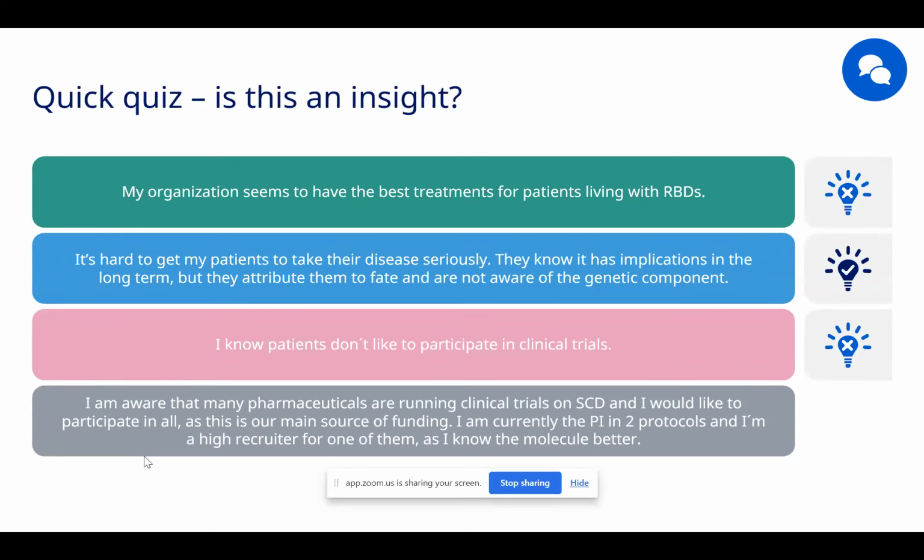What about this? Information, because it's talking about details. So insight. I still would categorize it as an insight, because it is also giving some detailed idea about why he is considering himself a high recruiter: because he knows the molecule better.